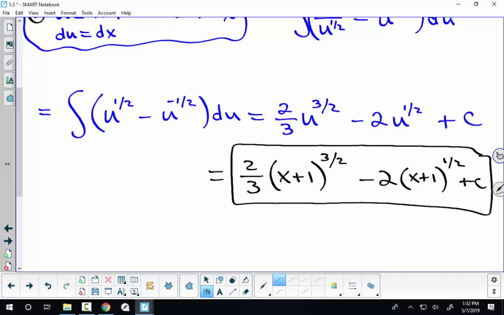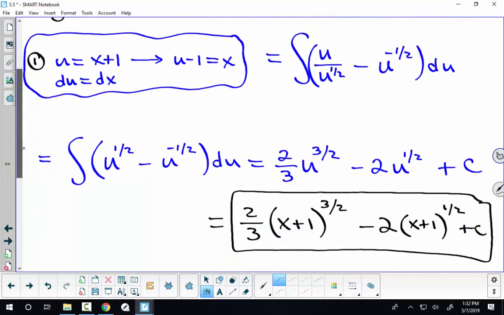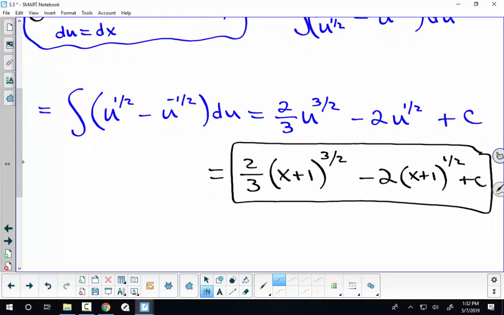Again, if you're unsure, you can always check, assuming you have time left on the final. Just go back to your antiderivatives and check: if I take the derivative, do I get x over root x plus 1? You might have to rewrite some of these exponents as roots and simplify them, but you can check your work.